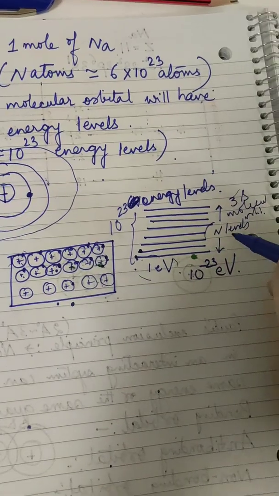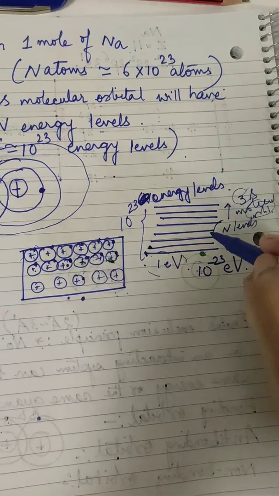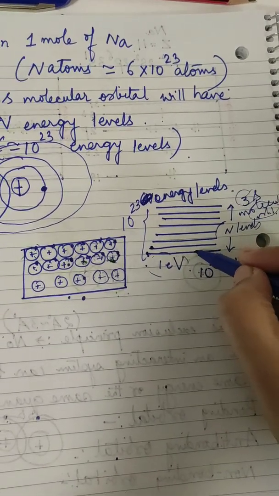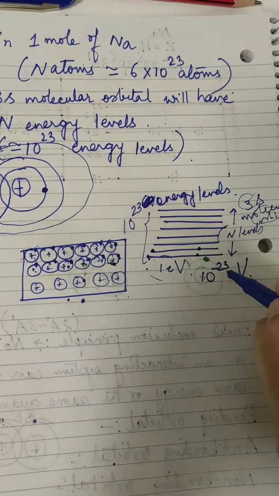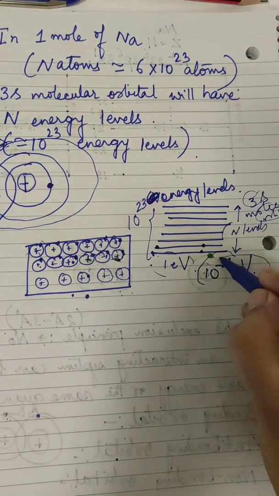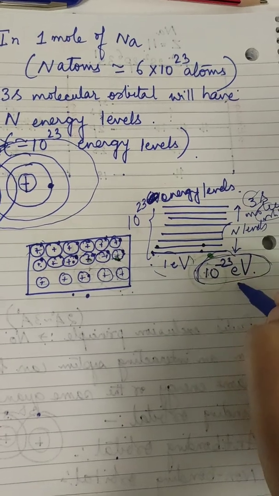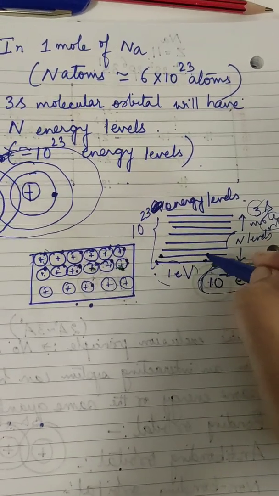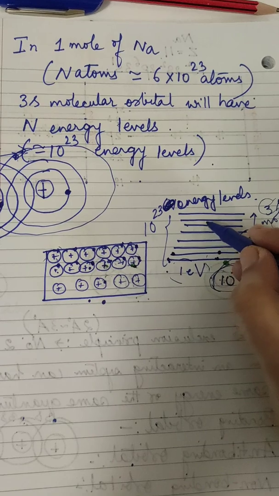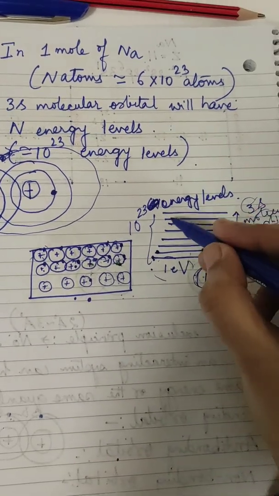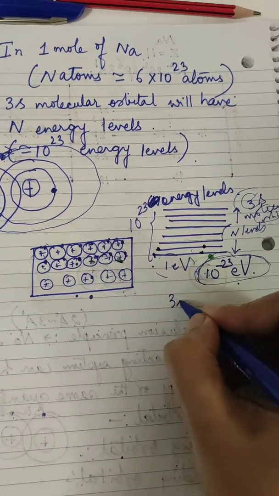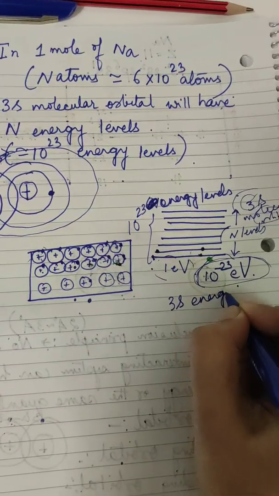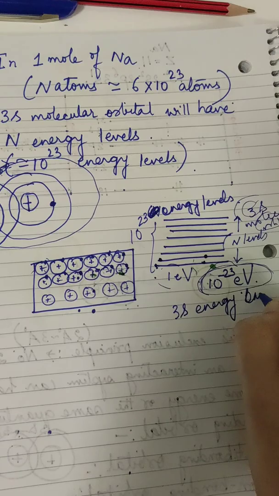Because the electron in this 3s orbital can jump from one energy level to another easily, because it just requires 10 to the power minus 23 electron volt. So it can go anywhere, so long as it is in the same energy band, that is the 3s energy band. It is called the 3s energy band.